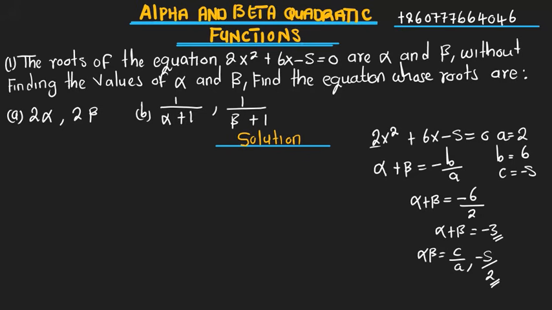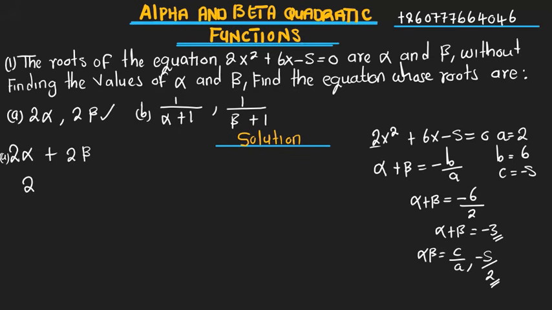Now, for us to find an equation, we need to find the sum and the product of these roots. So let's find the sum of these roots first. In order for us to find the sum of these roots, we are going to sum them up. So we're going to have 2 alpha plus 2 beta.